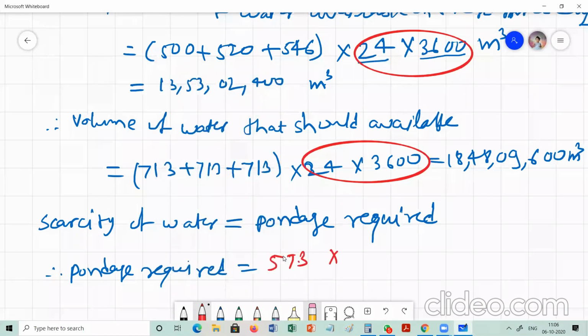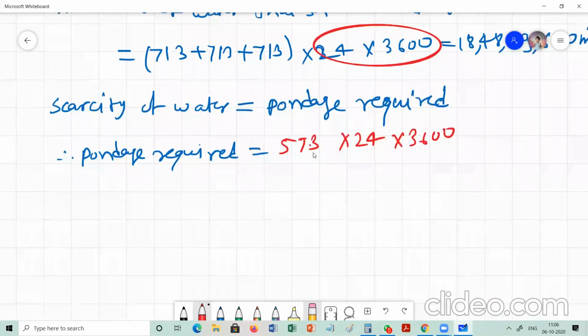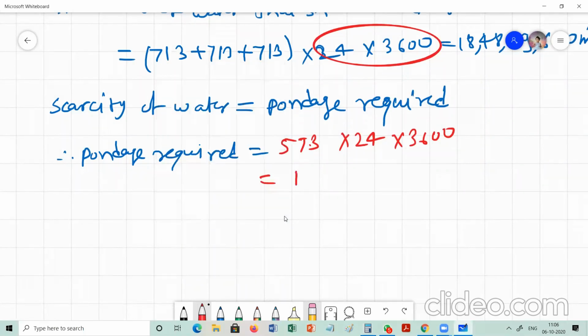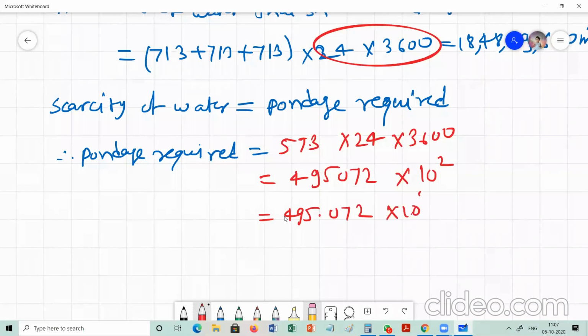So 573 into 24 into 3600 will be equal to 4,95,072 into 10 raised to 2, which equals 495.072 into 10 raised to 5, which is about 495 into 10 raised to 5.